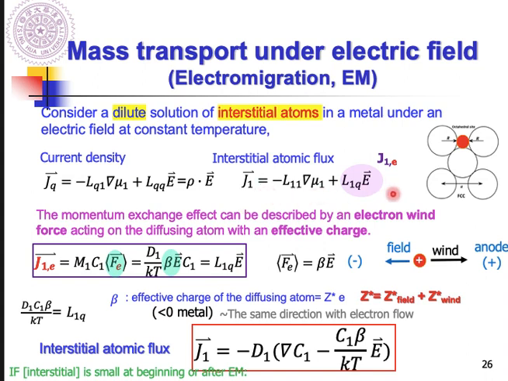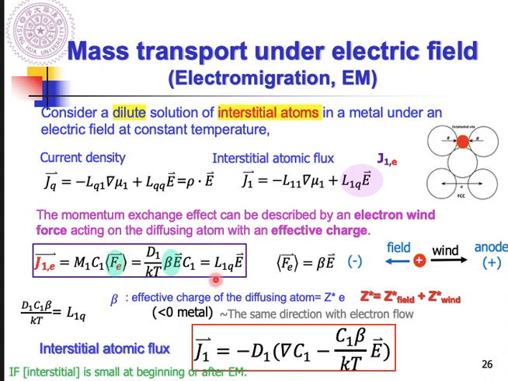This can be expressed like this because we have two possible driving forces. The first one obeys Fick's first law, so you use the minus diffusivity times the concentration gradient. The second driving force acting on these interstitials belongs to the electron flow, so we use mobility, concentration, and driving force to represent it.